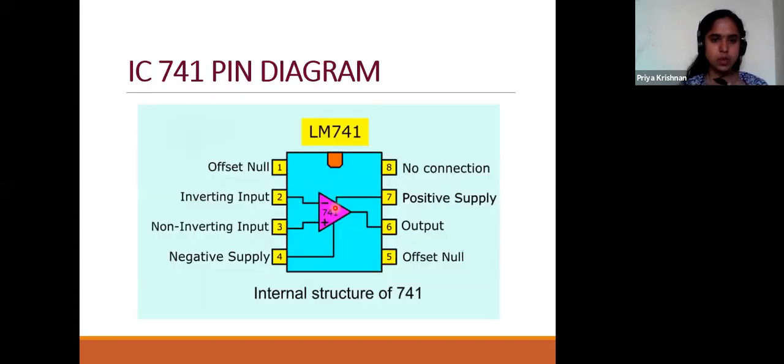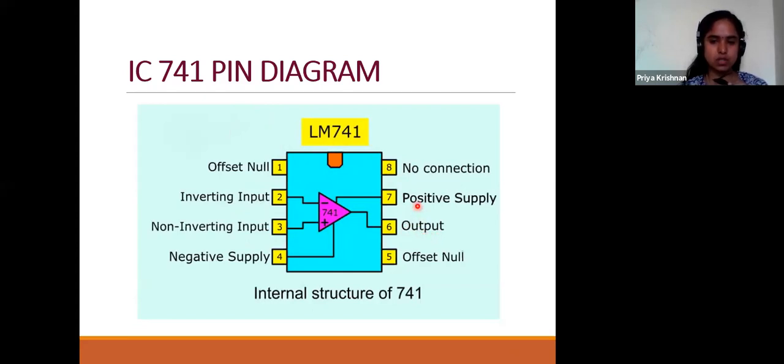And it's very important to move to the pin diagram of op-amp. It is a very simple IC. We have only 8 pins here, 1 to 8. As we discussed in the previous slide, we have two inputs, inverting input and non-inverting input, and then one output that goes to pin number 6, and then two power supplies.